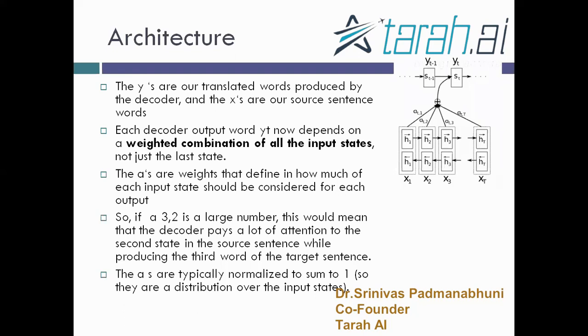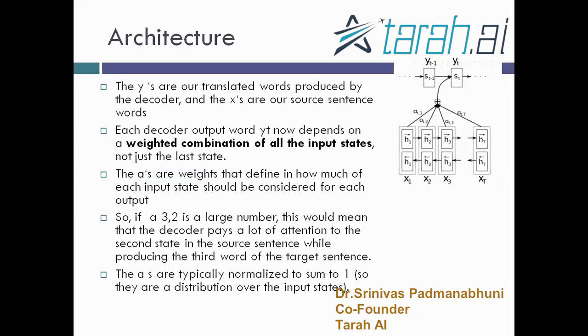We are also having another intermediate function called alpha t1, alpha t2, etc., which is basically a weighted function which says what is the relative attention I should give for generating yt at st to each of the inputs x1, x2 to x capital T.